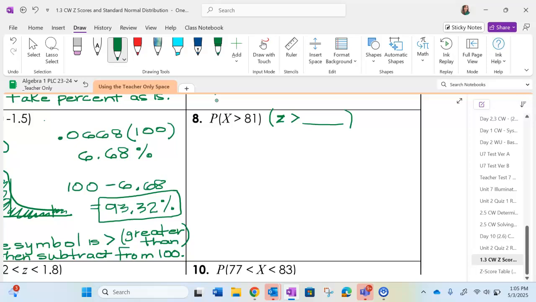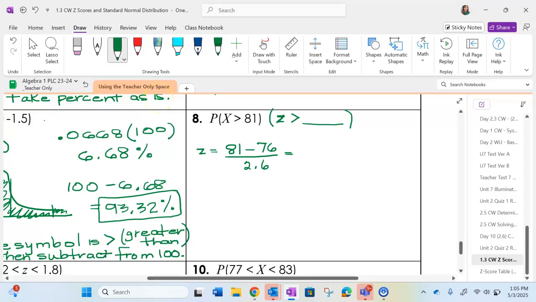We'll figure it out. So we're going to use the z-score formula where z is equal to my x, we'll use 81, minus my mean, so up above was my mean, divided by my standard deviation. All right, so we're going to put this into our calculator. This is what we do when it doesn't say z, because we have to have a z-score in order to do this.